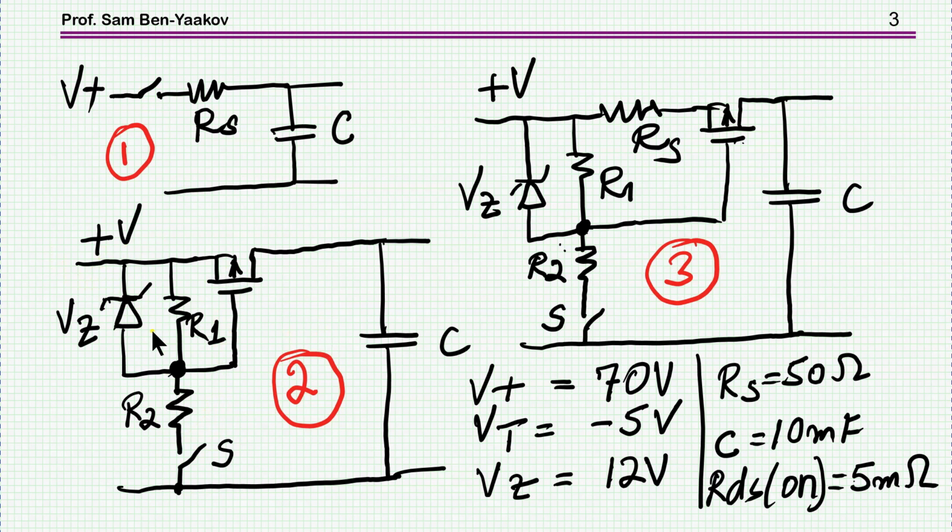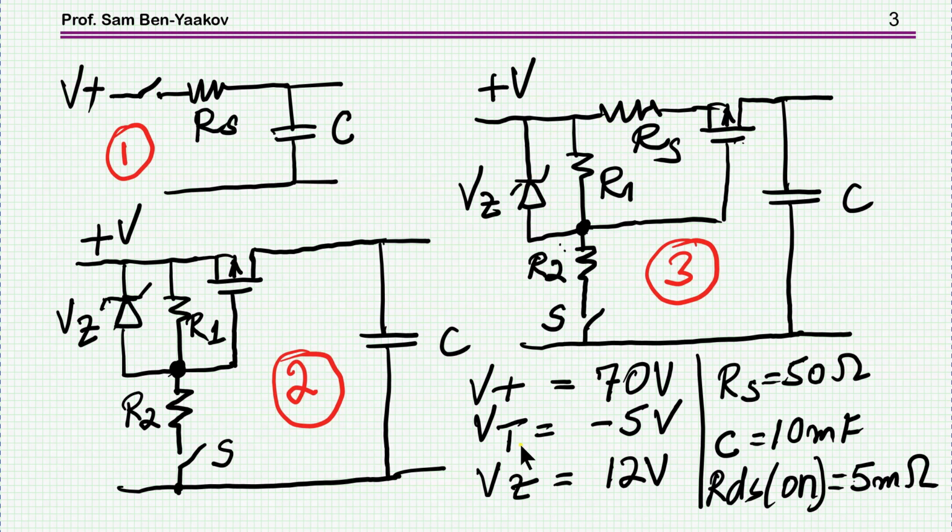This is a zener just to clamp the voltage to the maximum allowable operating voltage of the gate to source terminals. And then we have this third one, which also uses a transistor, but then we have here a resistor, which is put here in the source side. Again, we have a switch which turns this thing on in order to charge the capacitor.